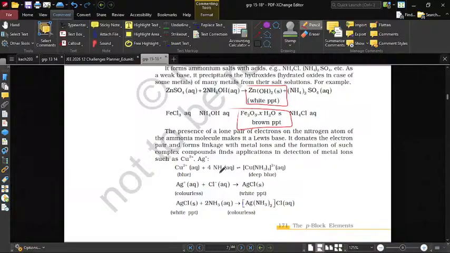It donates the electron pair to form linkage with metal ions, forming complex compounds. Such complexes find application in detection of metal ions such as Cu2 plus and Ag plus. The Cu2 plus gives a deep blue complex. AgCl is a white precipitate, and [Ag(NH3)2]Cl is colorless, so the precipitate goes from white to colorless.